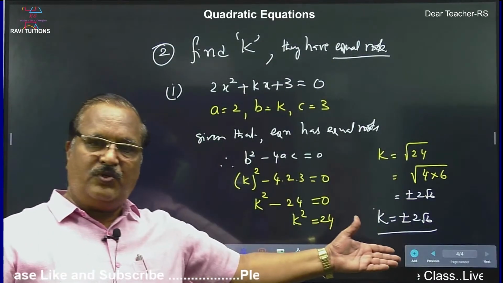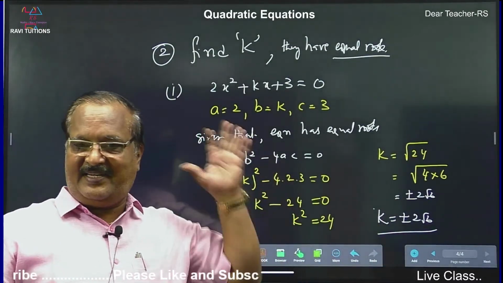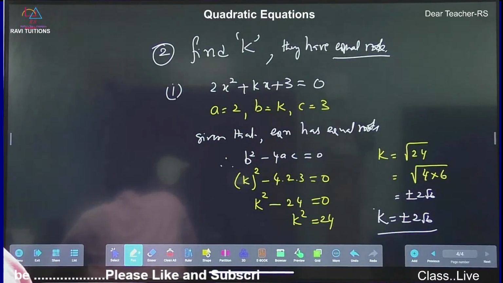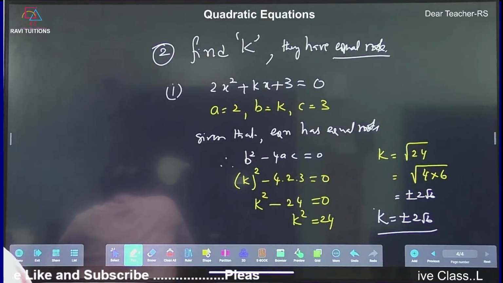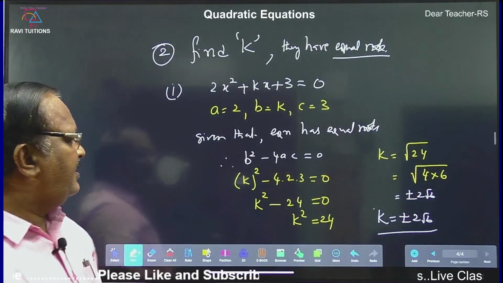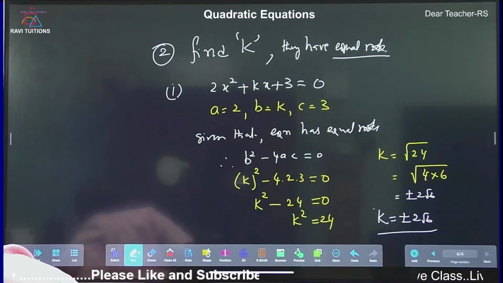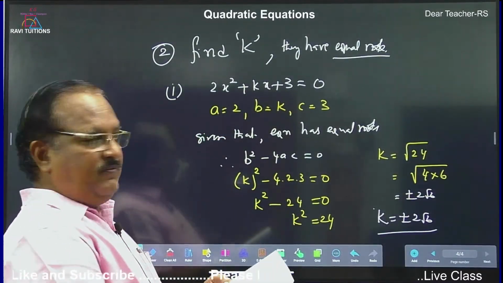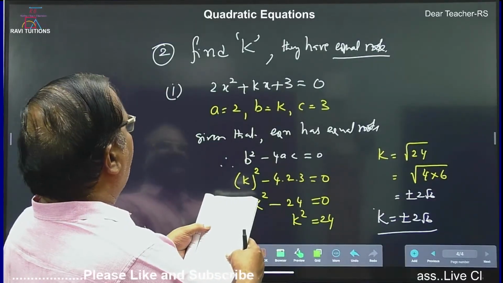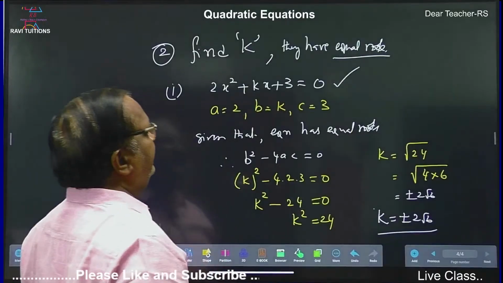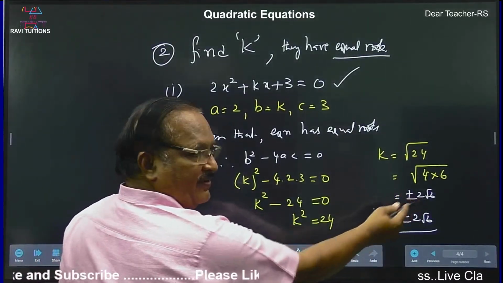I got 2 root 6, I should check it. First I will check whether I have copied the question correctly. 2x square plus kx plus 3. Yes, I have copied the question correctly because I did not get a perfect square here.